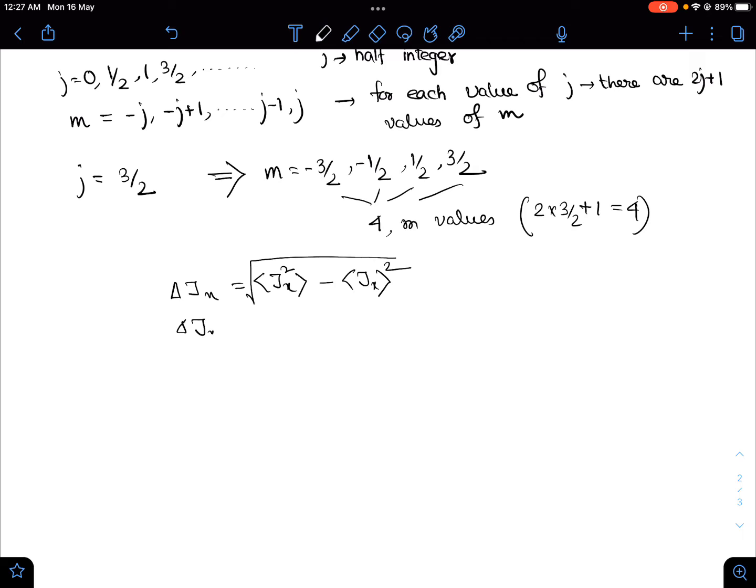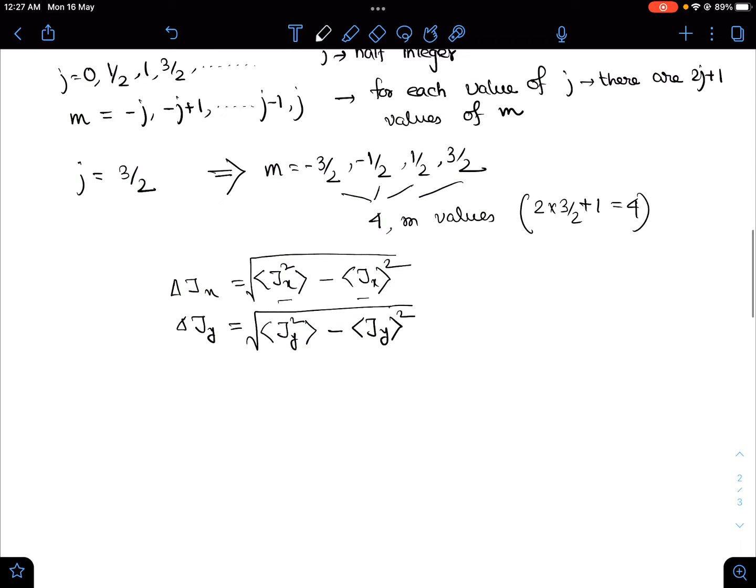Similarly, delta Jy will be the root of the average of Jy squared minus the average of Jy, squared. So these are the terms that we have to evaluate. What is the formula for the average of Jx? It is ⟨jm|Jx|jm⟩.